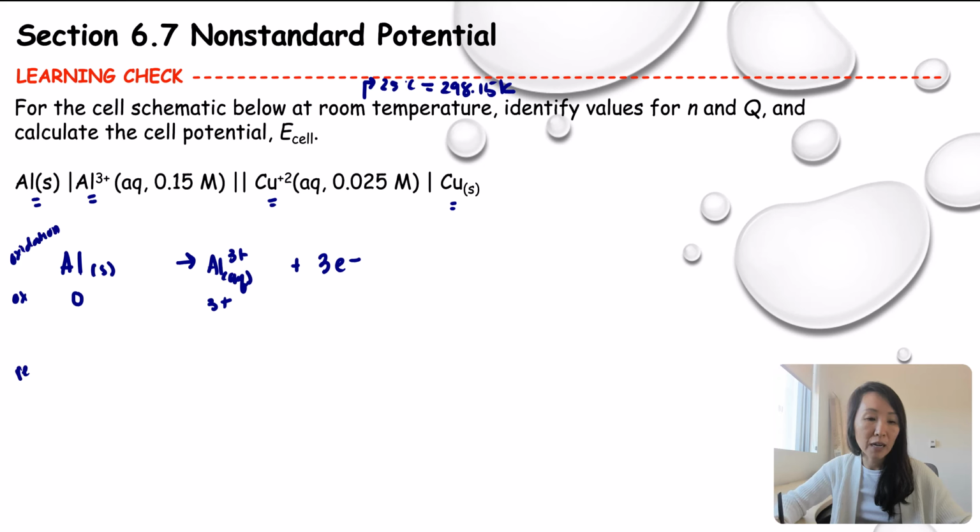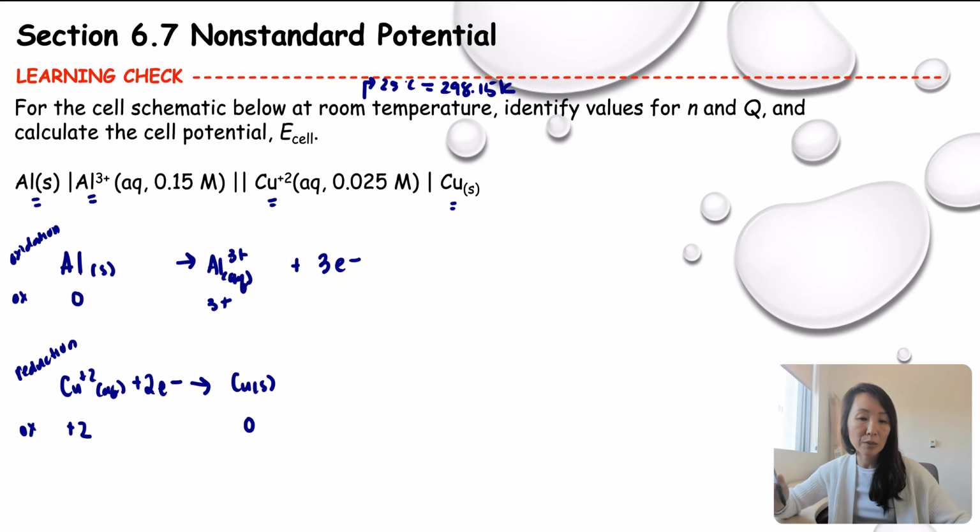What about the reduction process? We have copper 2+ aqueous going into copper solid. Looking at the oxidation numbers, there's 0 here and plus 2 here, which means we need to add 2 electrons to go from plus 2 to 0.